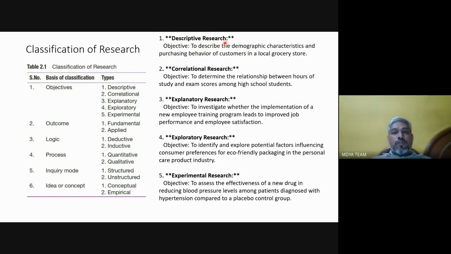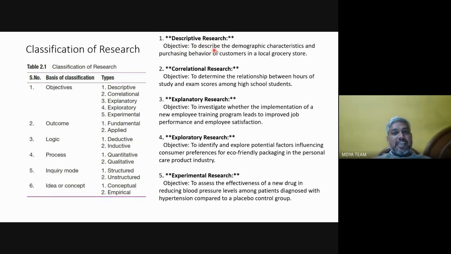When you go for descriptive research and you need to give an objective, the objective you will use for your problem is to describe the demographic, right? To describe the xyz on xyz in a particular place or thing.